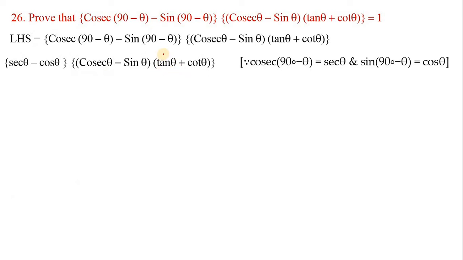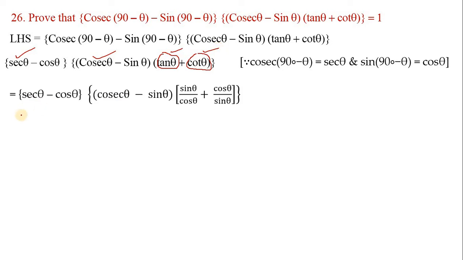And also tan we can convert into the form of sin by cos, and cot also we can convert into cos by sin form. So it means sec, cosec, tan, cot, all these things are converted into basic trigonometric ratio form, meaning sin by cos form.